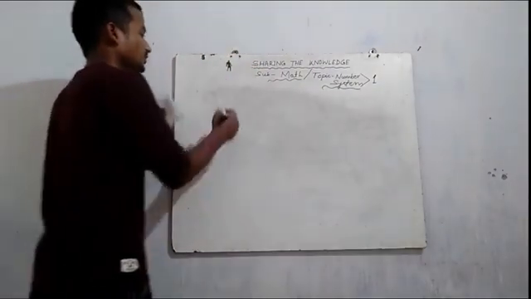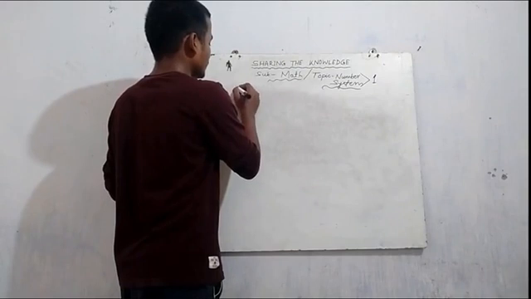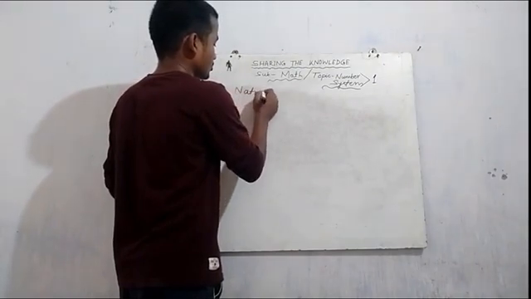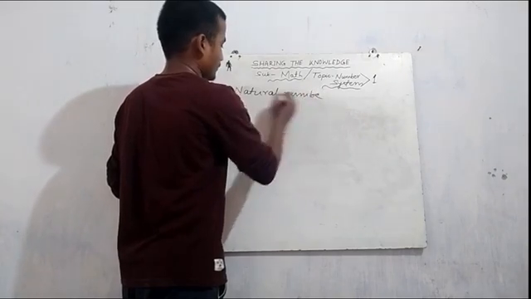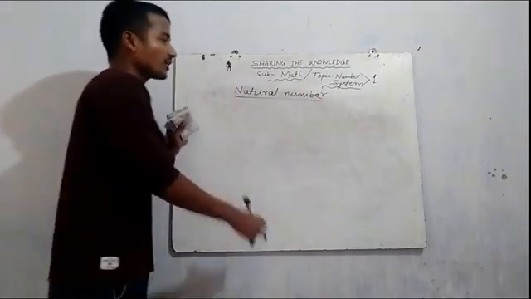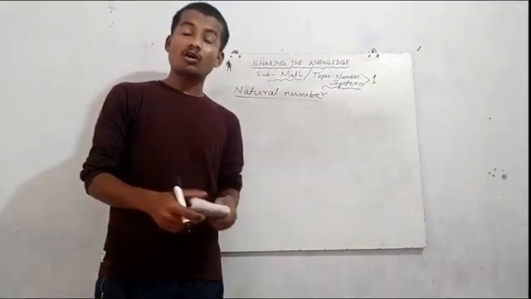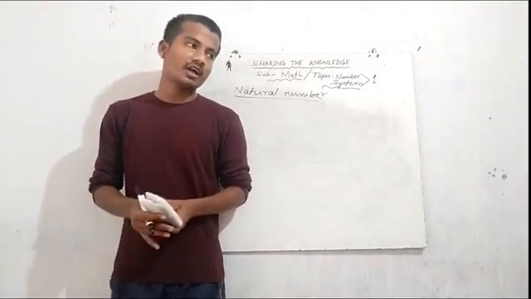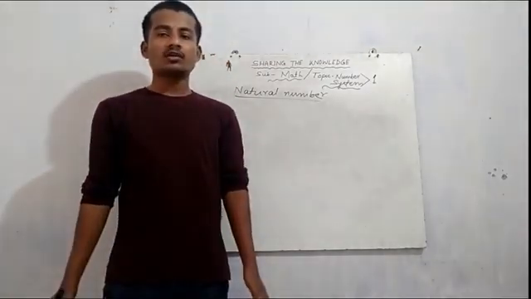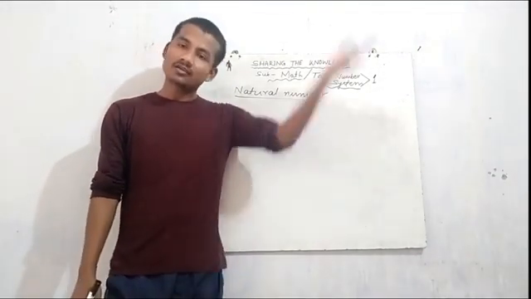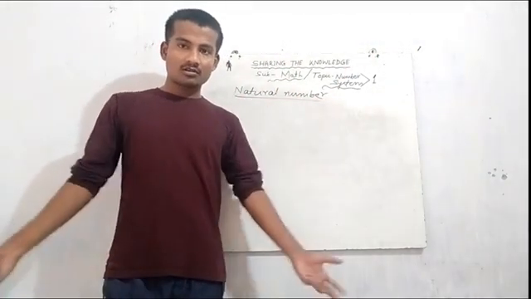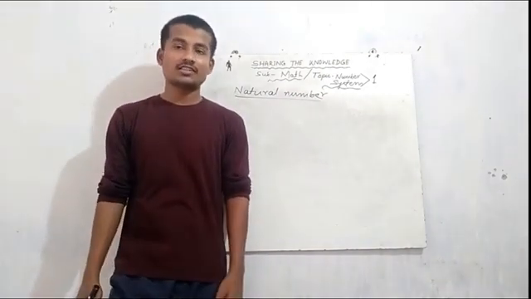So first let's take natural numbers. What are natural numbers? All the counting numbers, the ones we use for counting, that is 1, 2, 3, 4, 5, 6, 7 and so on.